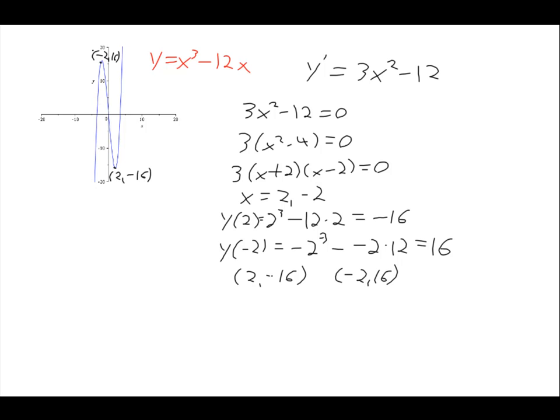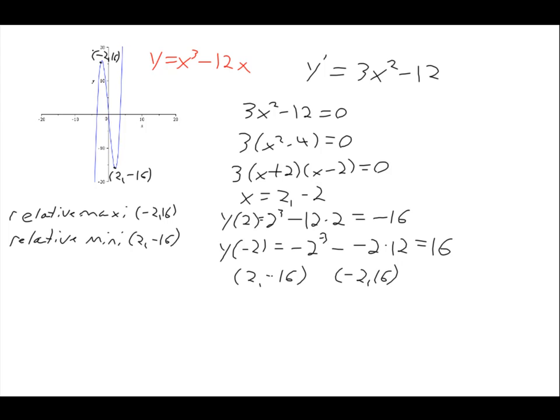You can say that the relative maxima is at the point negative 2, 16, because that's where it changes direction. It's going up, it's going up, it's going up, it changes and comes down. And likewise, the relative minima will be at the point 2, negative 16.